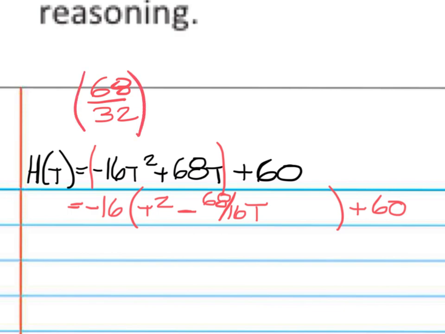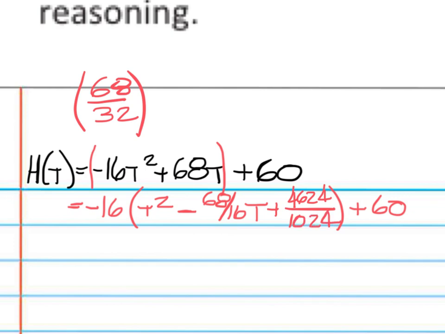Alright, so on the calculator, when we square a fraction, do we square the top only, the bottom only, or both? We square both. So 68 squared is 4624 on top, and on the bottom 32 squared is 1024.